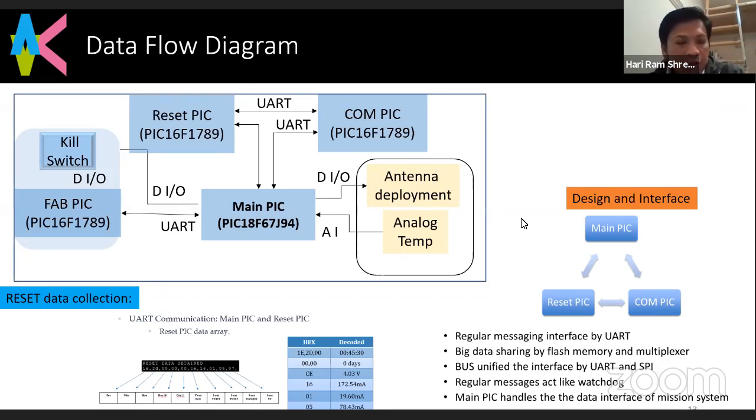Other data like voltage, current, 5 volt, and unregulated volts come similarly. The regular messaging interface is by 2 UART. UART is a communication hardware tool. It connects the reset PIC to communication, as well as the reset PIC to the main PIC.